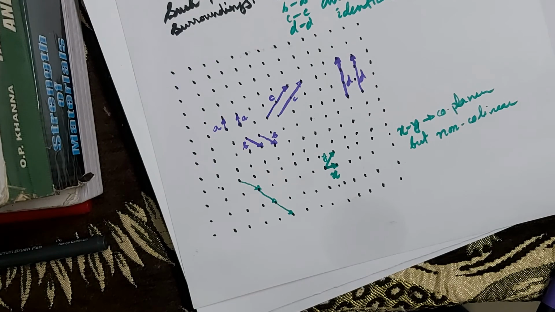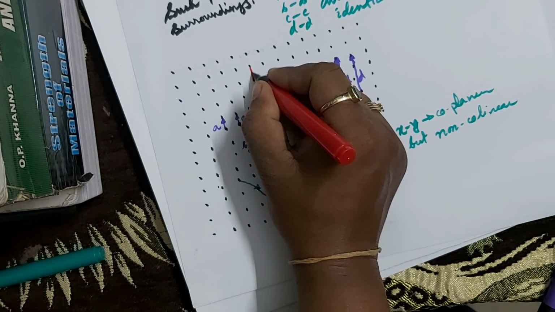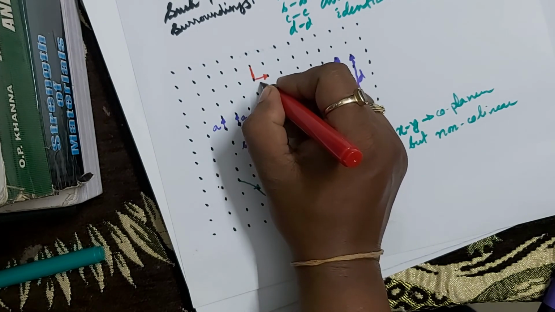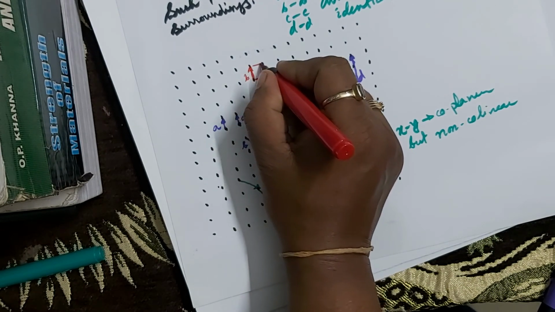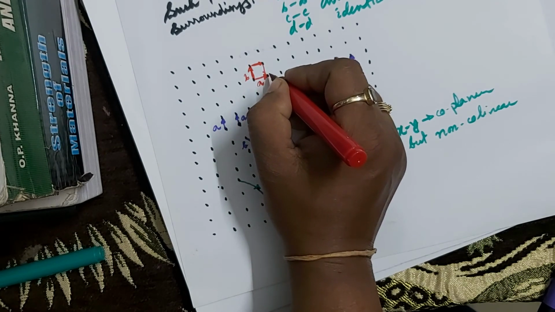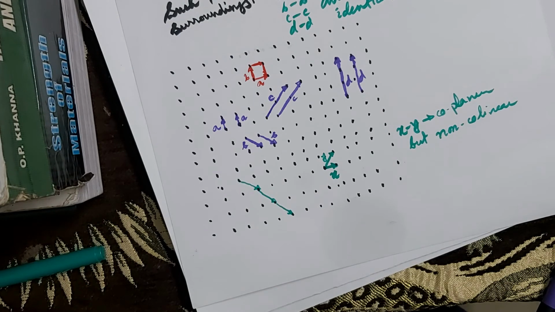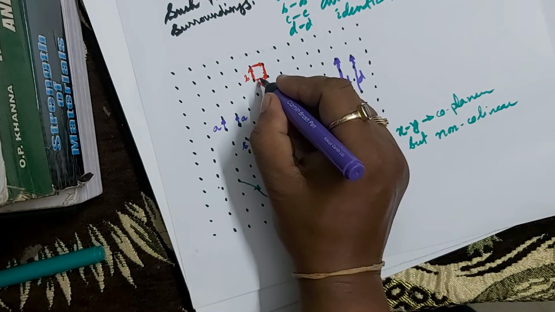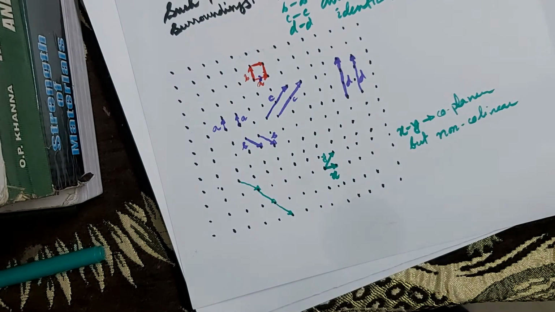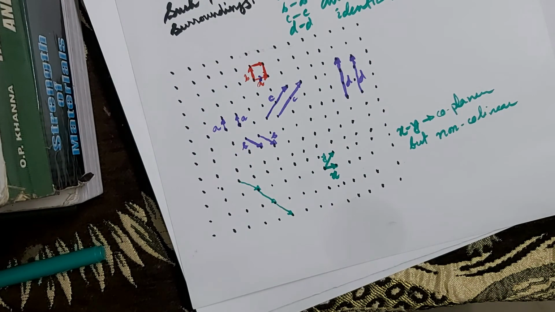Now let us take one square like this. This is A, this is B. If we rotate it by 90 degrees, we can get a similar arrangement, but not like the previous one.